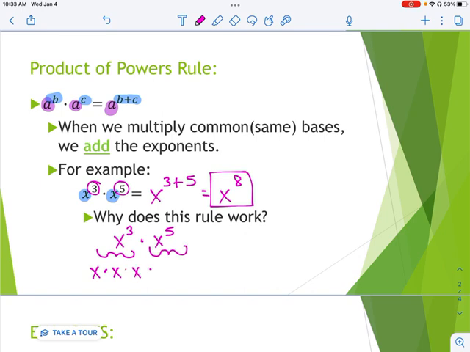X to the fifth means that we go x times x times x times x times x. So when you look at that, there are a total of 8 x's. So that is why the addition rule works. That's the product of powers rule. So when we multiply common or same bases, we add the exponents.